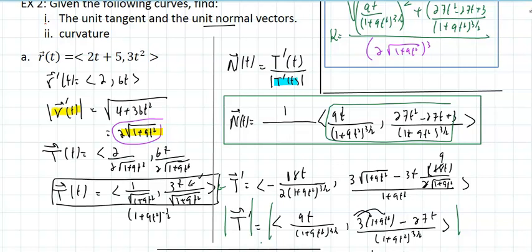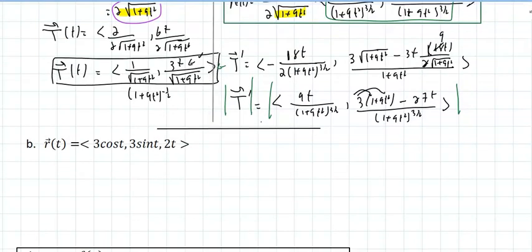The denominator should be the square root of, oh boy, square that component and square that component. Sorry about that, my mistake. The rest should all be fine.